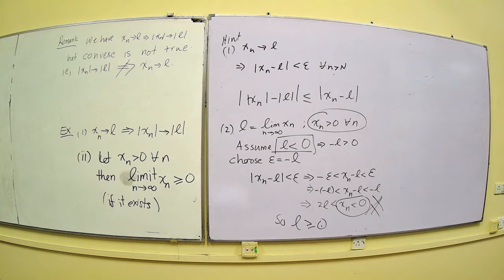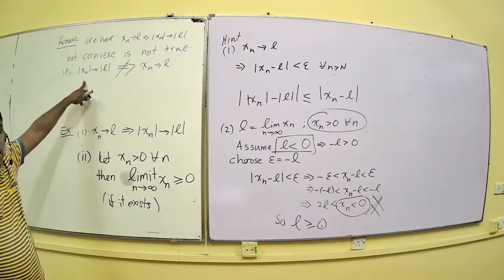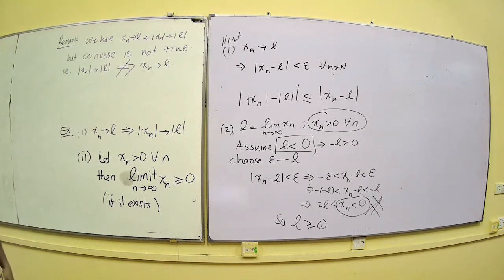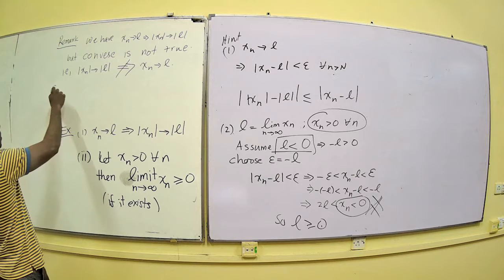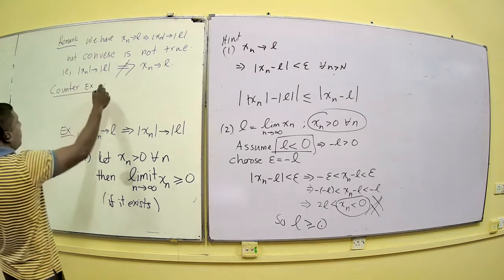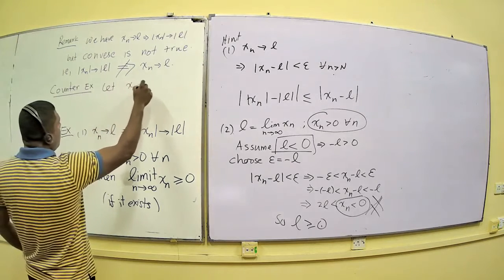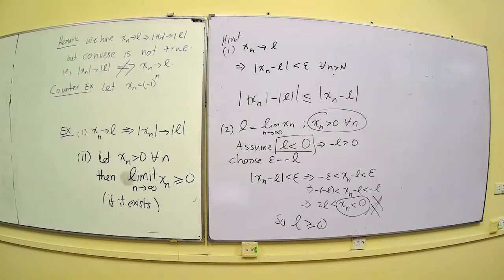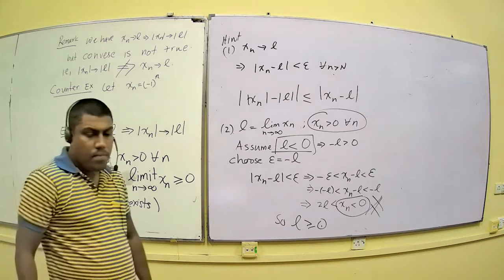If I want to disprove something, that means if I want to show that the converse is not true, then obviously I have to give an example. I have to give an example of a sequence whose absolute value has a limit, but the sequence itself does not have a limit. So, a counterexample. Again, a very famous example which we studied already: xn is minus 1 to the power n.